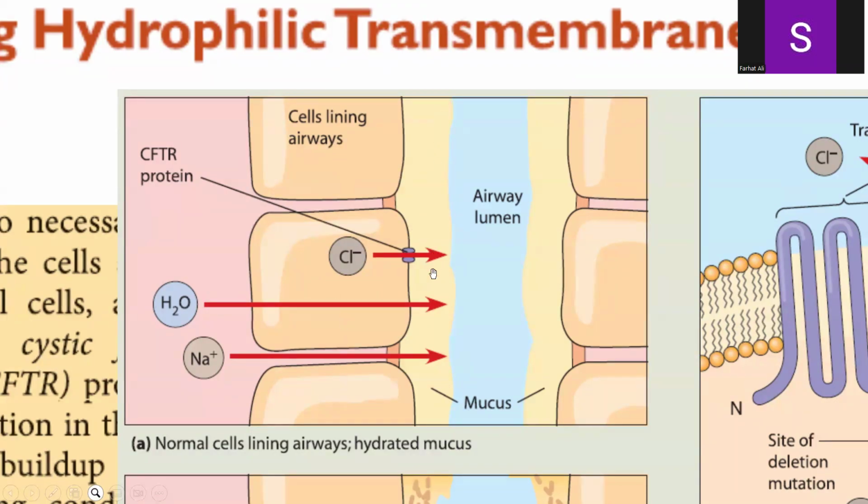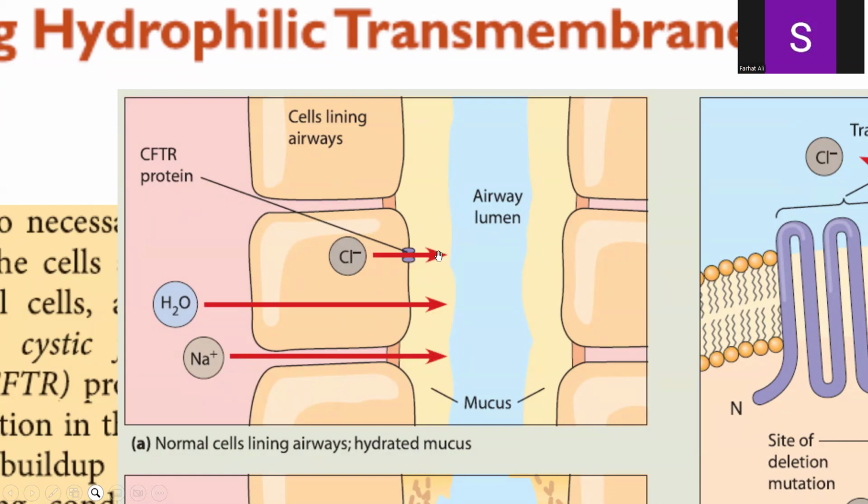And this is a layer of mucus secreted in the air passageways. So the CFTR protein is actually a chloride channel. It transports chloride ions into the mucus. Now, in order to maintain electrical neutrality, as chloride ions are pushed, sodium ions, as the counter ions, will also migrate into the mucus.